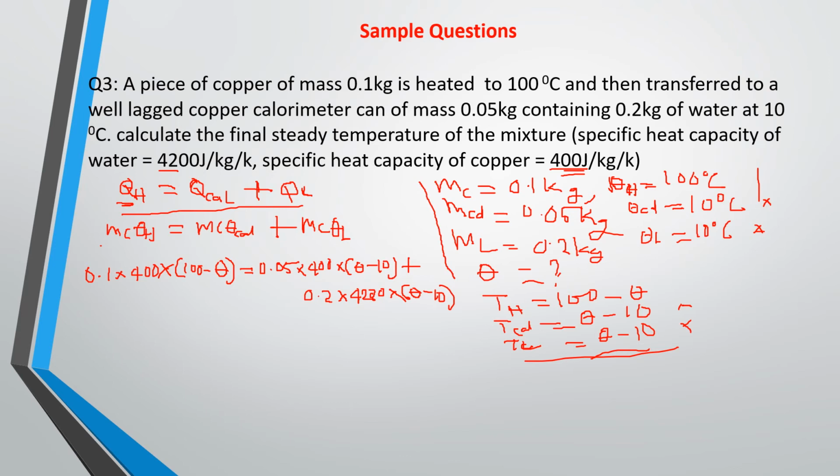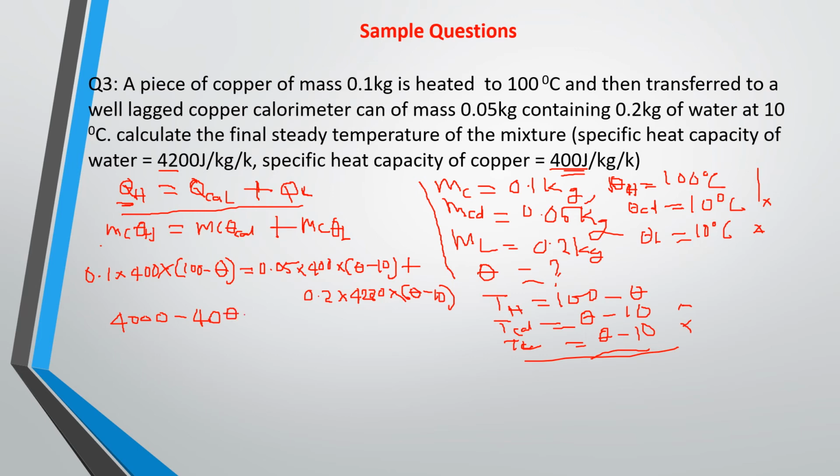So this will give us 40. 40 times 100 will give you 4,000 minus 40 theta.